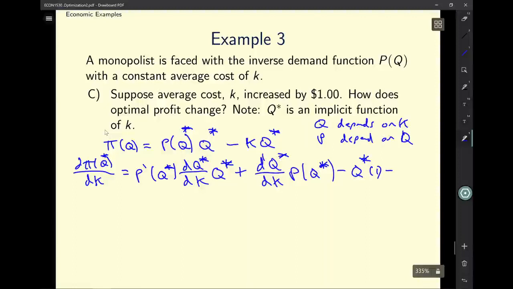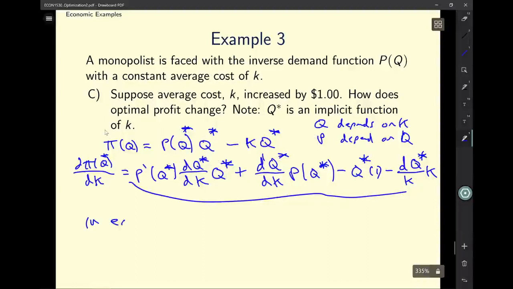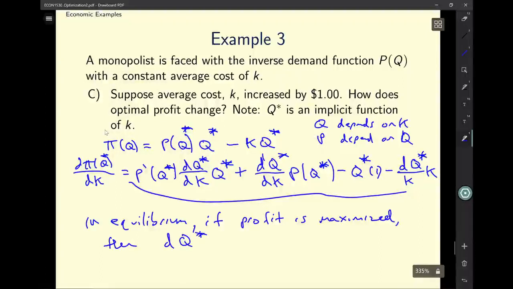Minus change in Q star with respect to K times K. Now what can we do with this? It's kind of a mess. Well, remember that in equilibrium, if profit is maximized, then the change in Q star with respect to K should be equal to 0.